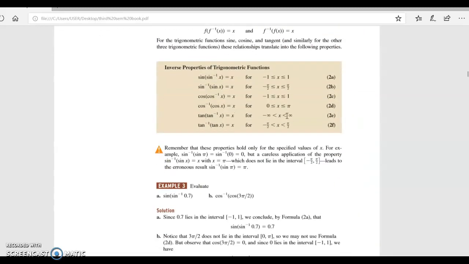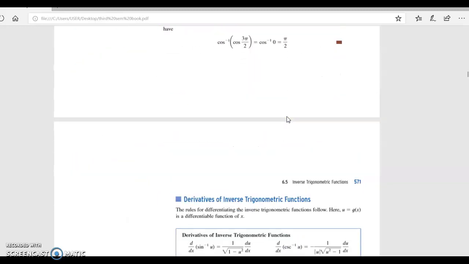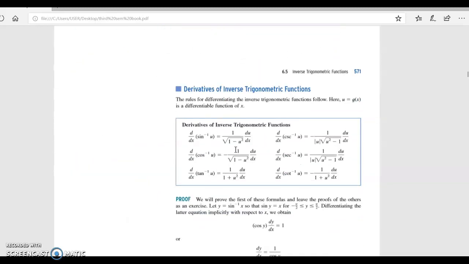It is 1 by root 1 minus x square. Use the chain rule: if u is a function of x, then multiply by du by dx. Cosec inverse u is minus 1 by mod u into root u square minus 1 into du by dx.